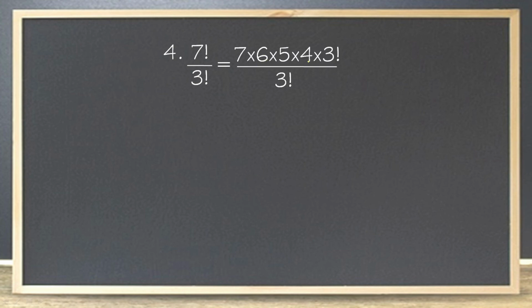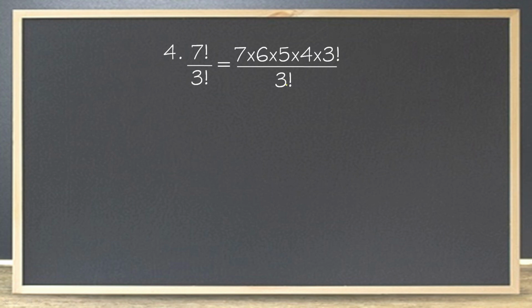Let's see one more problem, which is number 4: 7 factorial divided by 3 factorial. For this, you can do it in 2 ways. 7 factorial, you can expand from 7 all the way to 1. But better still, you can have 7 times 6 times 5 times 4 times 3 factorial, because this 3 factorial is the same as 3 times 2 times 1.